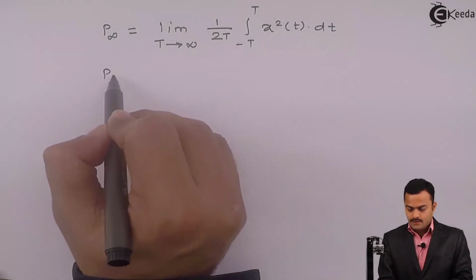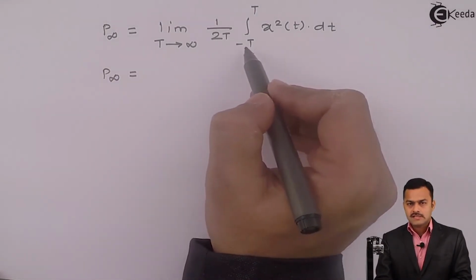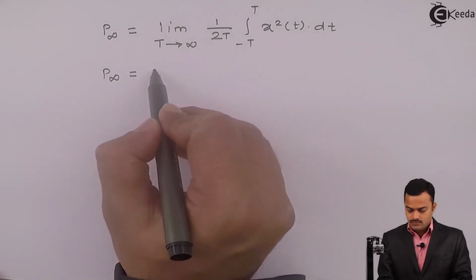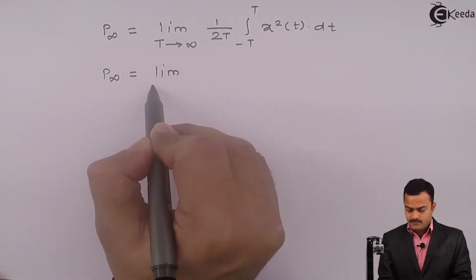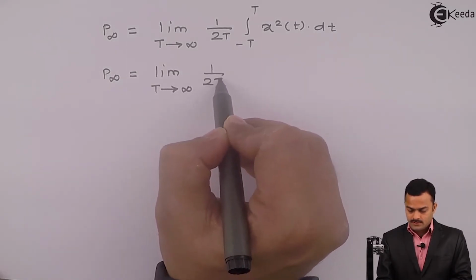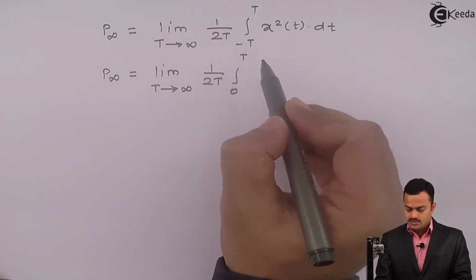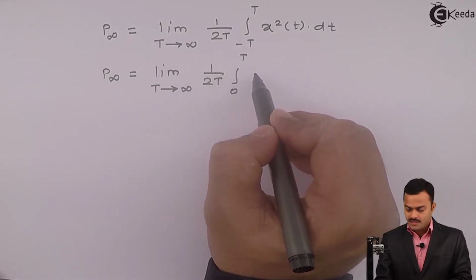Once again, being a unit step signal, this exists only from 0. So this can be changed like this. The limit will be 0 to t because the signal is a unit step having the value 1.